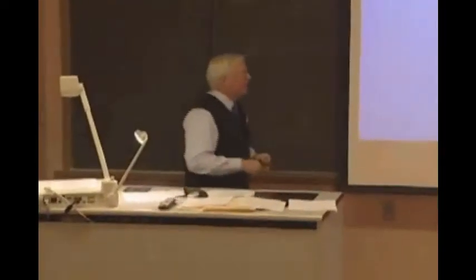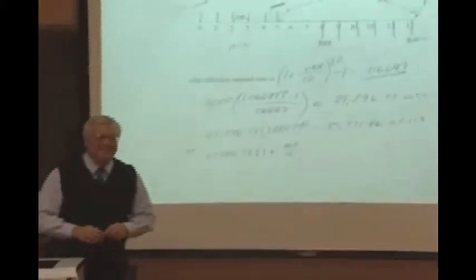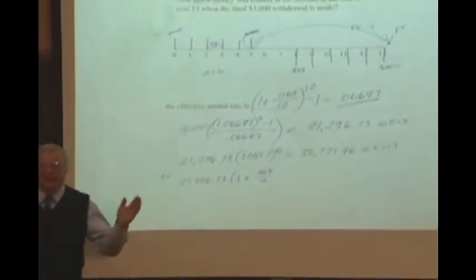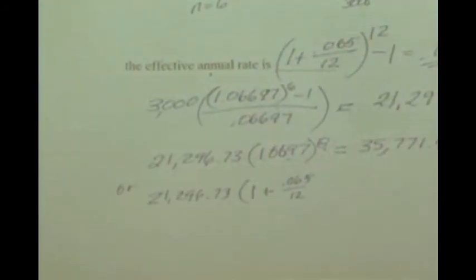I could have used 1 plus 0.065 over 12. What have I done? Again? All right. We learned last time how to fix this.